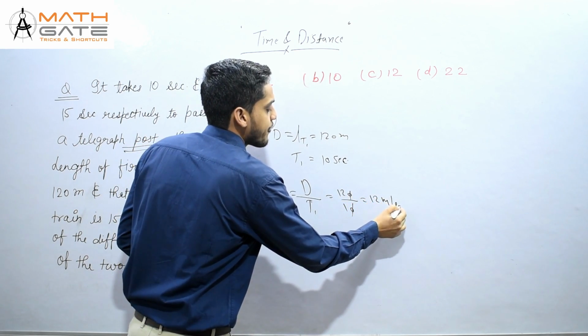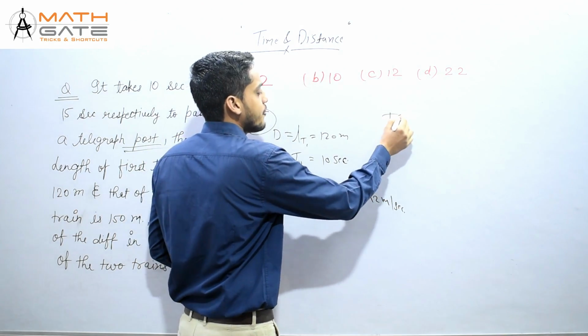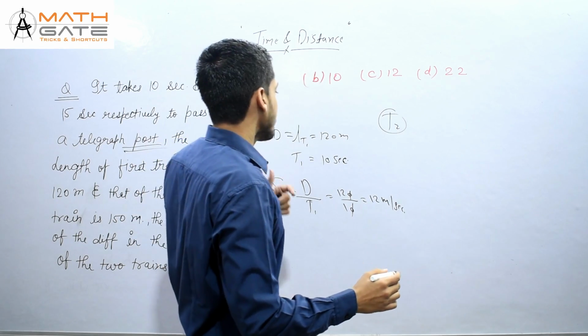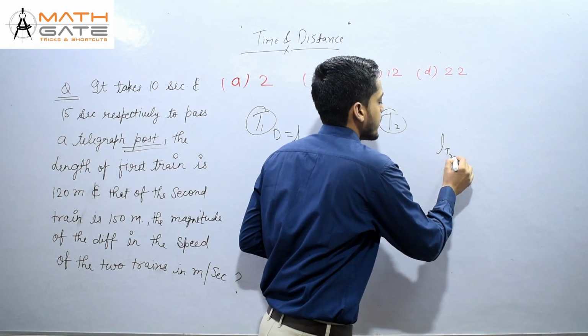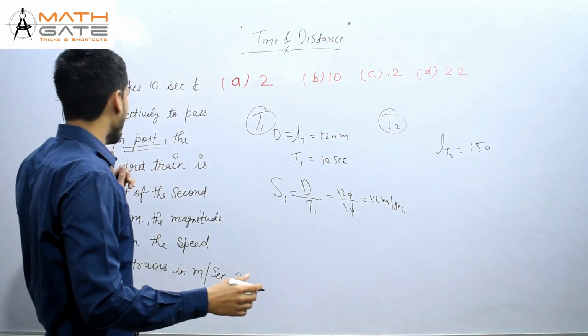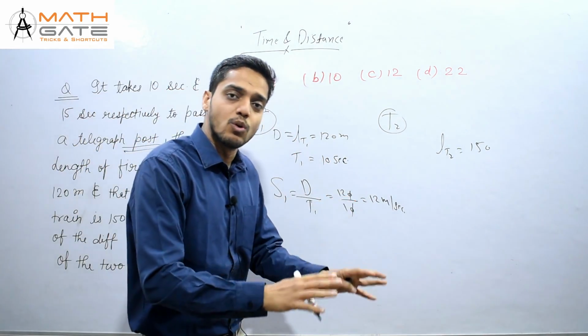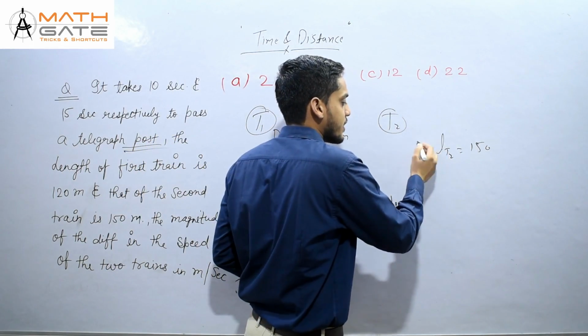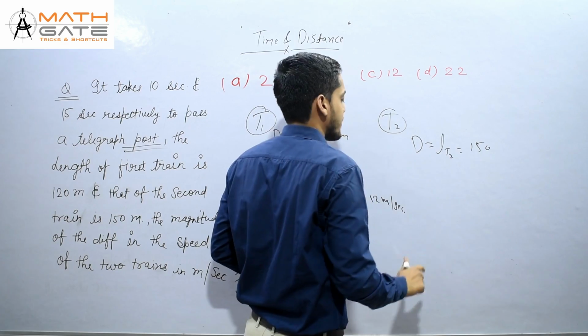This is the speed of the first train. For the second train, the length of the second train is 150 meter and it is also passing a pole. So when a train passes a pole, distance equals the length of train in that case. So the length of the second train is equal to the distance for the second case.